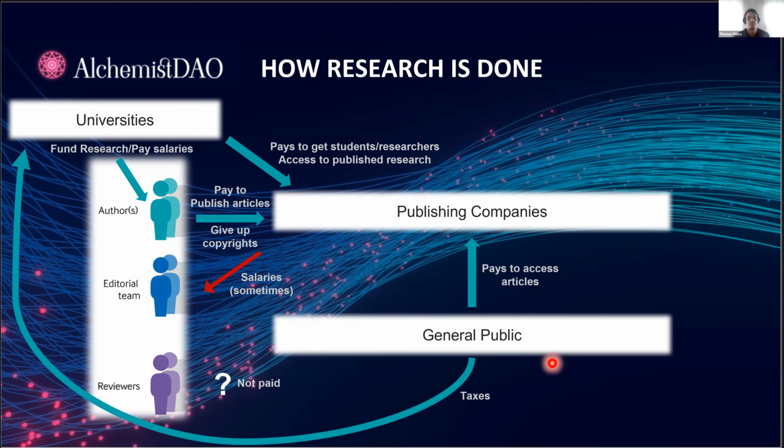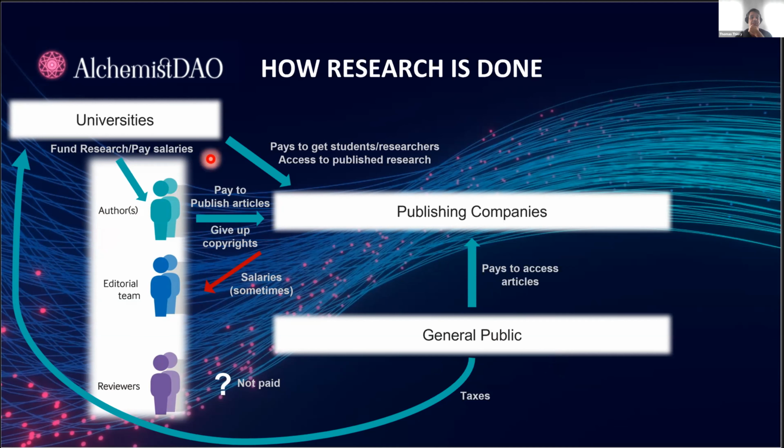Otherwise, you can't really get access to it. The only way that's different is when authors, as I said, pay more to publish their articles. So the articles are open access, and then the general public can access them. But then, publishing companies make more money by having the authors and the researchers also pay more.